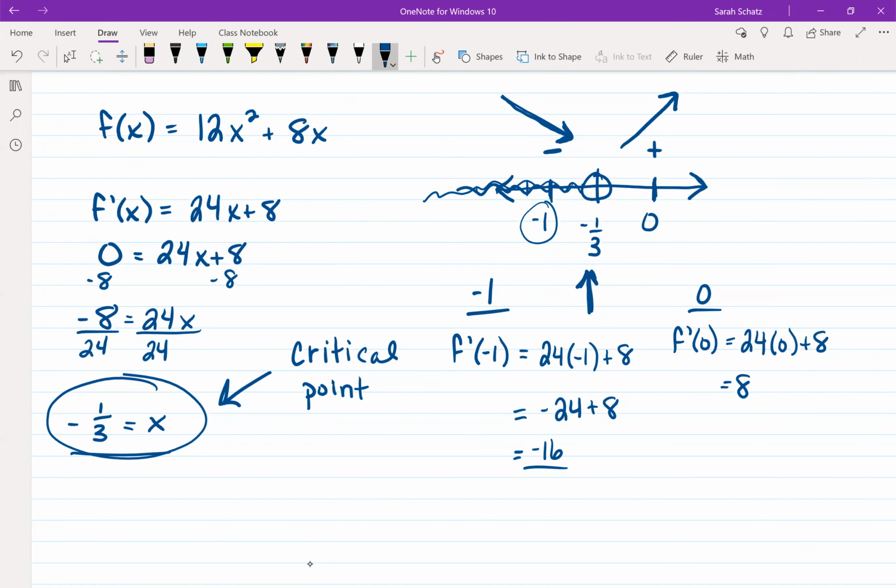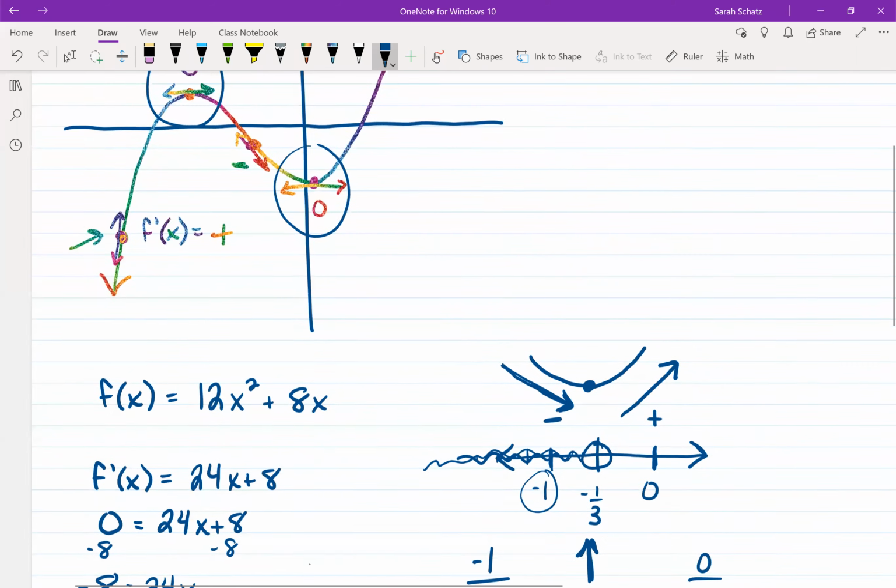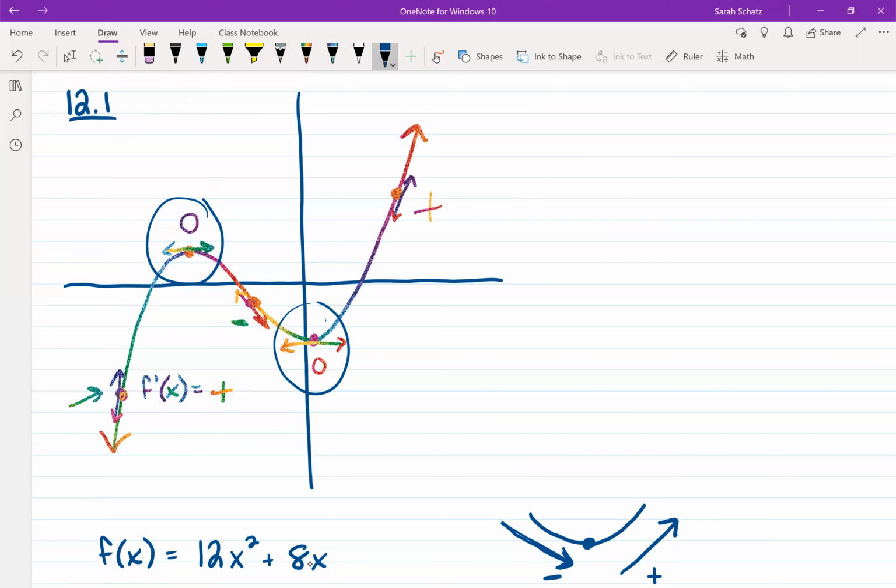So here's the deal. If our graph is going from down to up when it goes through this point, can you see that that point has to be a minimum? So when I say minimum, let's go back up to the graph that I made for a minute. This point here, for example, is a minimum because it's lower than all the points around it. It's not the lowest point on the graph.